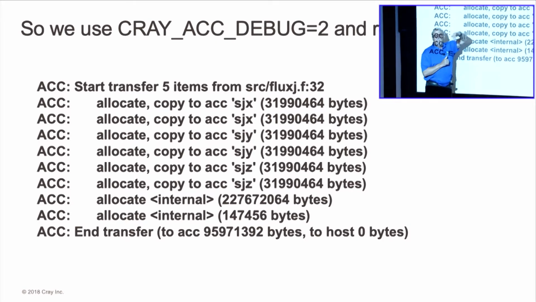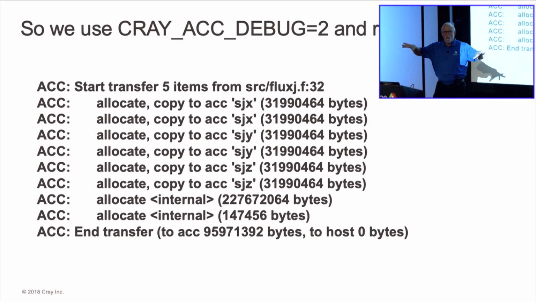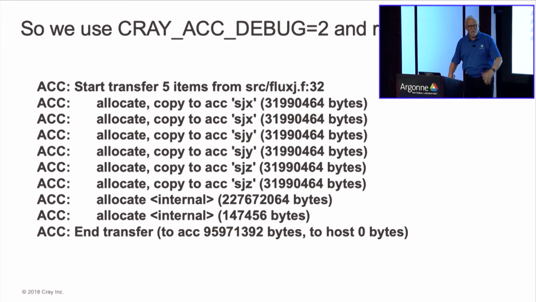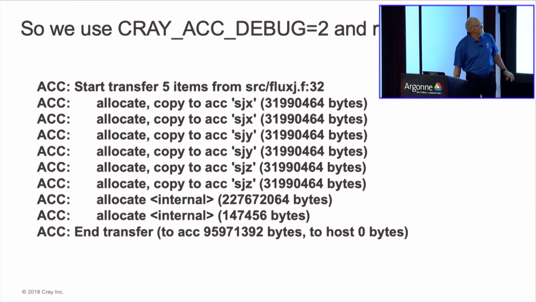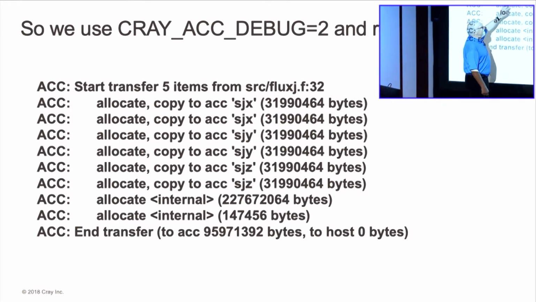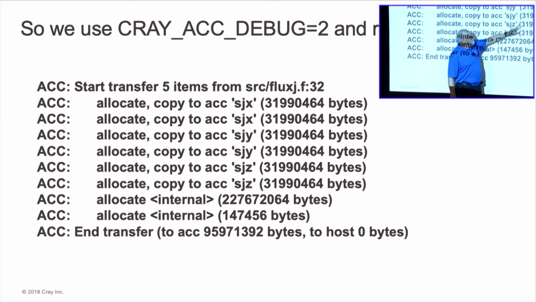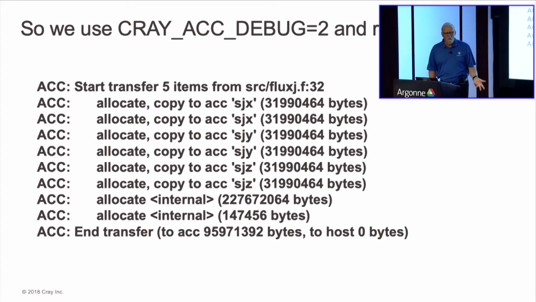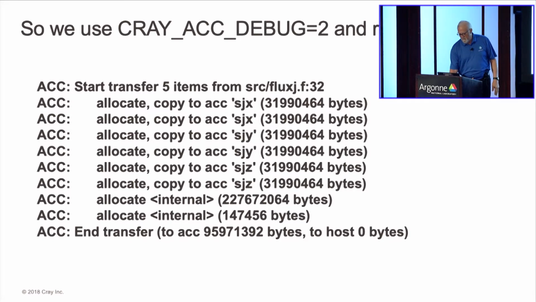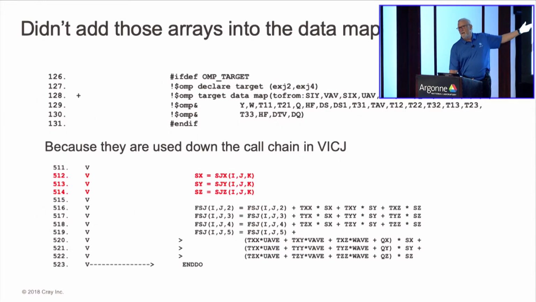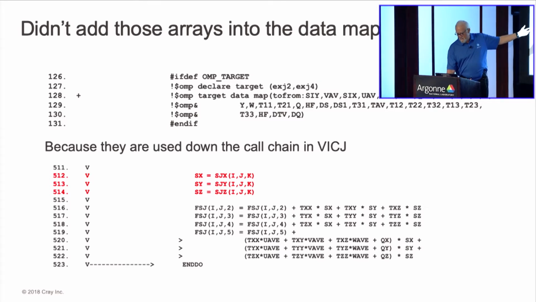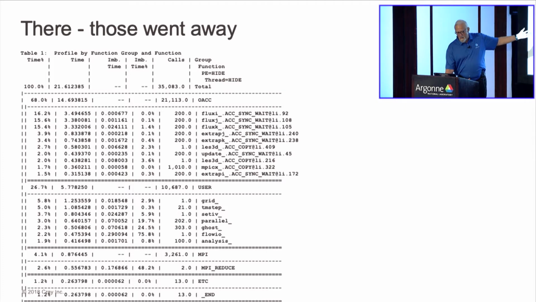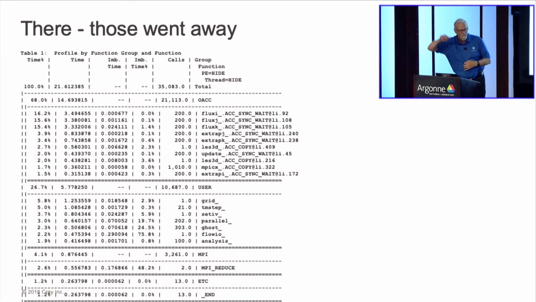We have an environment variable that shows you all the message passing. I'm almost done. And it's saying, look at all this data that you're transferring every time you call flux J. And sure enough, I forgot those 3 arrays. So I put those 3 arrays on my data region out there.